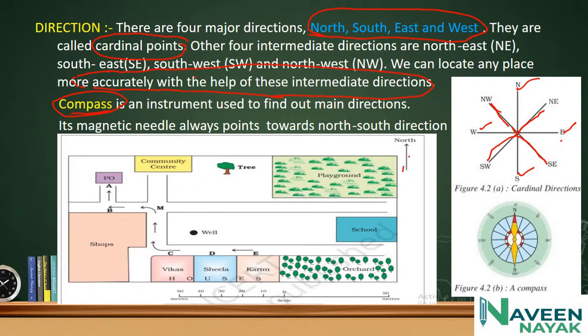This is the north direction, and you can see the objects: where the trees are, where the schools are, where the roads are. By following these maps, you can reach where you are going. In a compass, its magnetic needle always points towards the north-south direction. Remember.